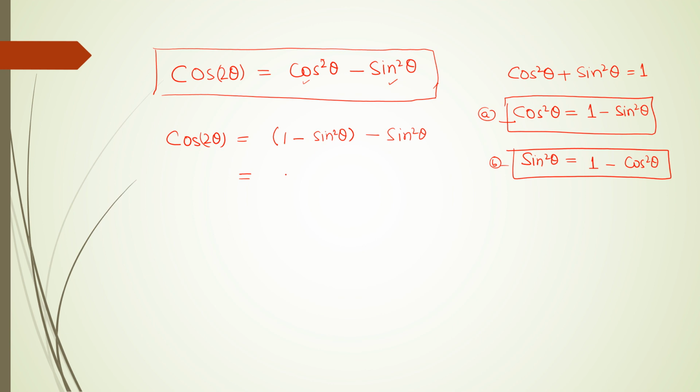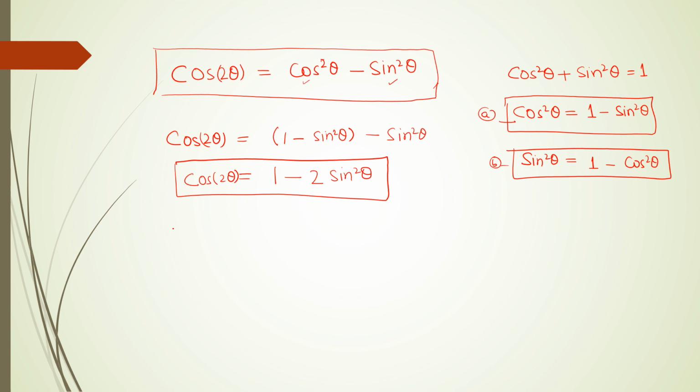That would be equals to 1 minus 2 times sin square theta. So another formula for cos 2 theta we get, that is cos 2 theta equals 1 minus 2 sin square theta.